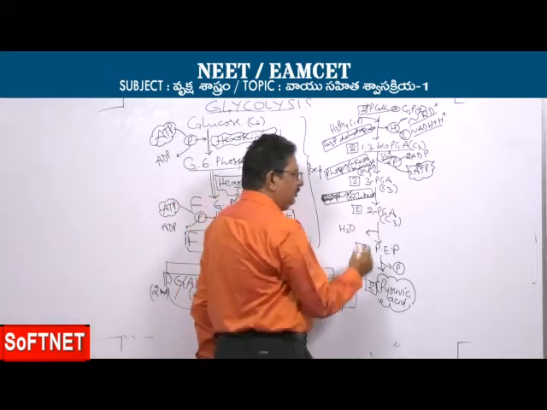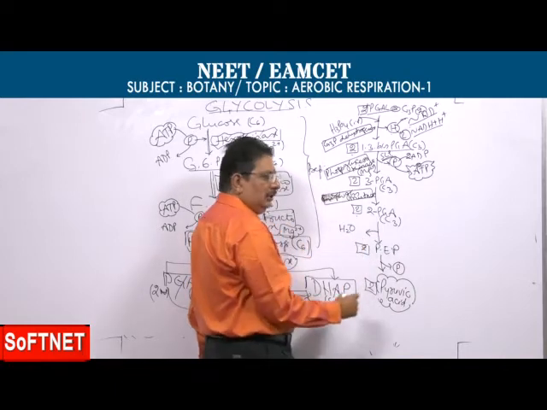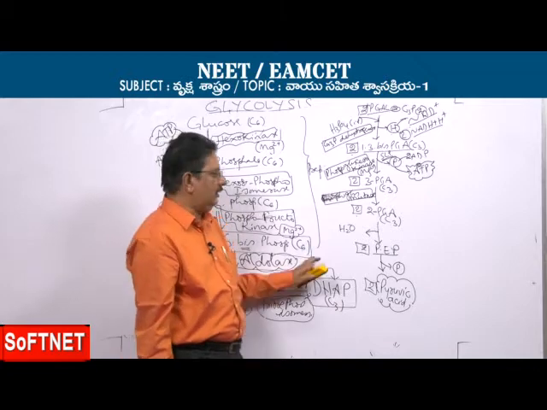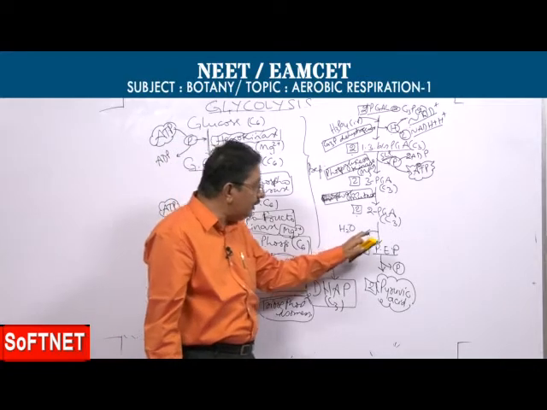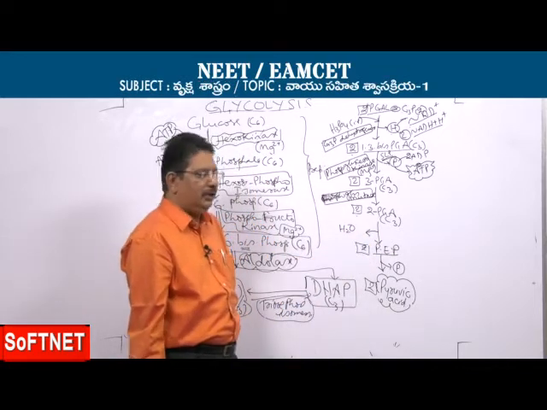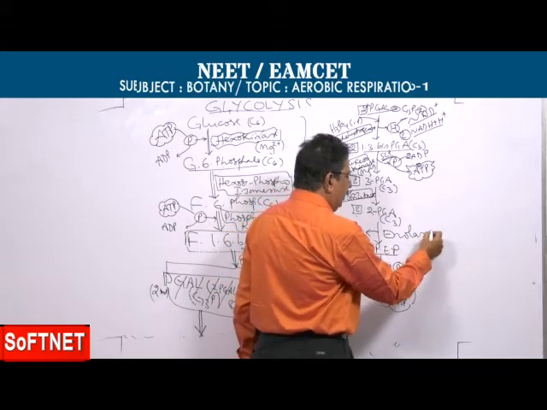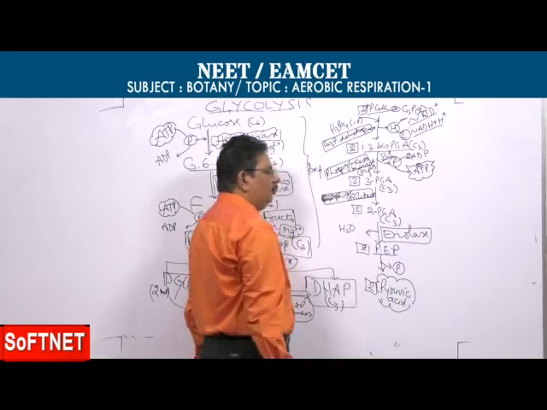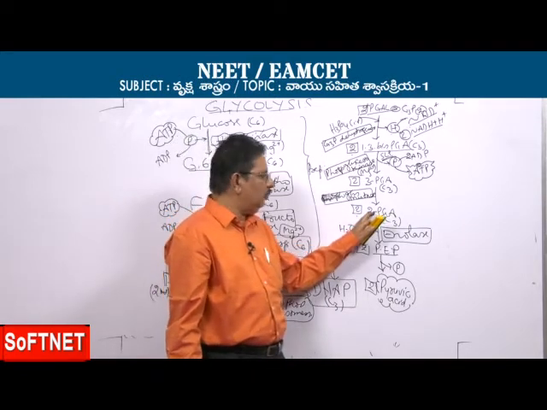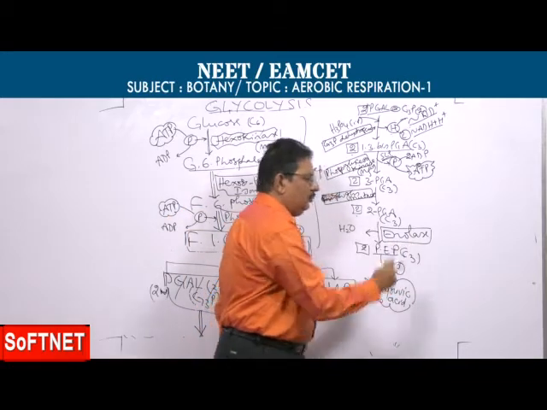And now 2-PGA is going to lose water and convert into phosphoenol pyruvic acid. So, there is a dehydration, not dehydrogenation, in the presence of an enzyme enolase. Enolase catalyzes the dehydration reaction, involving conversion of 2-PGA into PEP, which is another C3 compound.